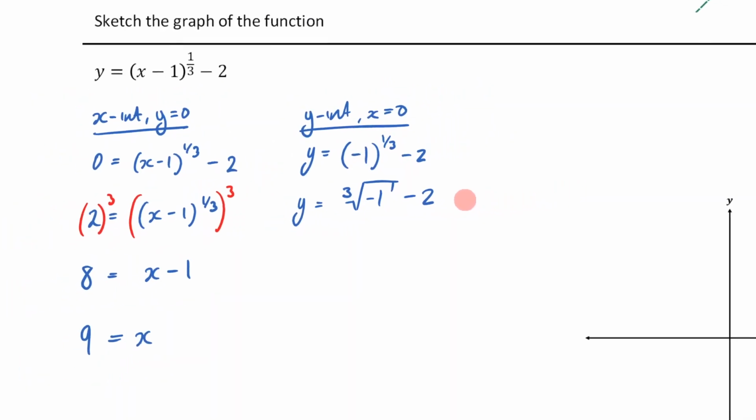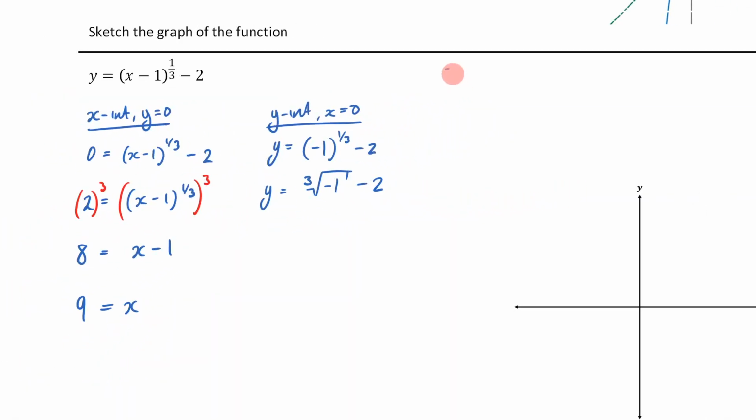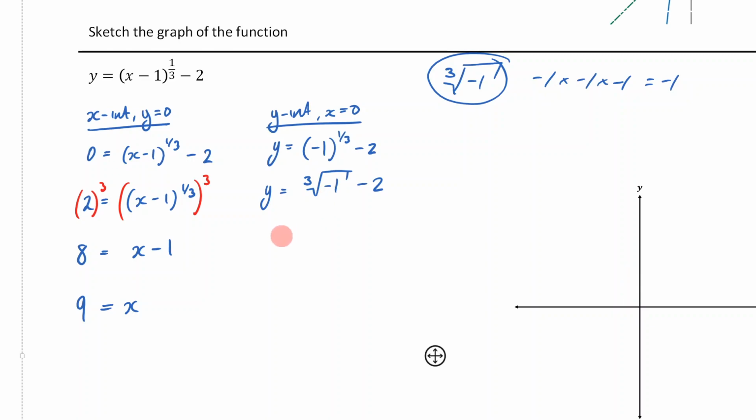In other words, what do I have to times by itself 3 times to get negative 1? Well, negative 1 times negative 1 times negative 1 is negative 1. So my answer to this is just negative 1. And then I minus 2, which means my answer is negative 3.